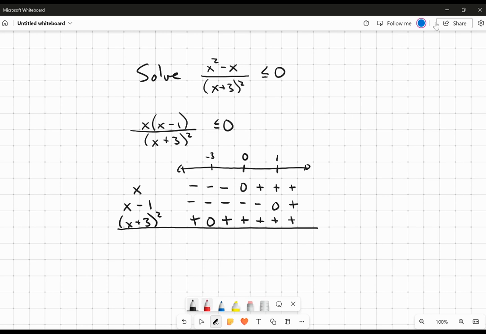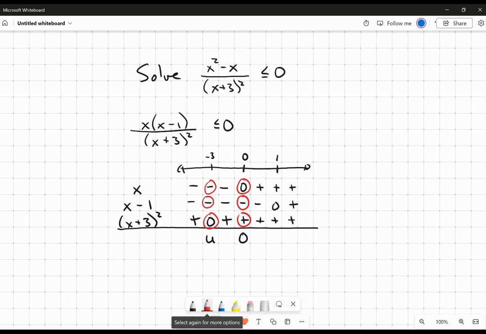Now, at the different special values here, at negative 3, I've got a negative in the numerator, another negative in the numerator, multiplied together, but a 0 in the denominator, which means the overall result at negative 3 is going to be undefined. When x is 0, I've got a 0 in the numerator, a negative in the numerator, and a positive in the denominator, but that's just going to be 0. 0 times a negative divided by a positive is going to be 0.